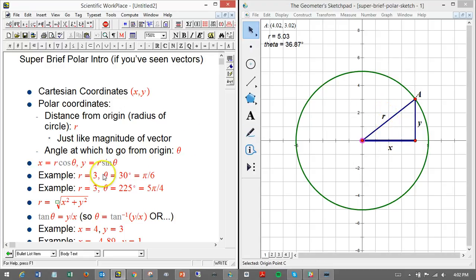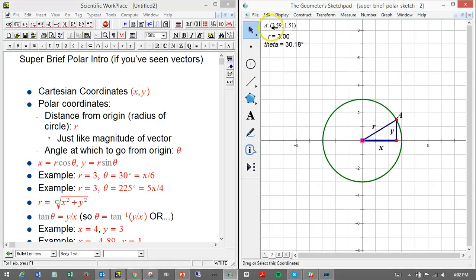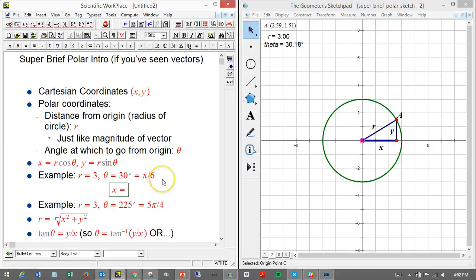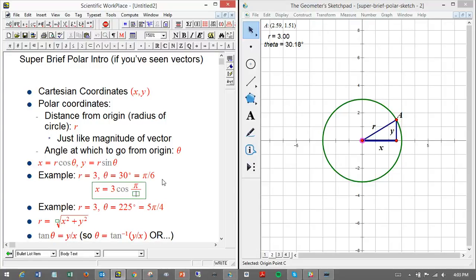So quick examples, if r equals 3, for example, let's do this one first. If r equals 3, slightly new circle, and theta is 30, I got it pretty close to 30 here, or pi over 6, we're often going to use radians here to be more kind of fancy mathematical. Then what are x and y going to be? x is just going to be 3 times cosine of 30 degrees, or say pi over 6, whichever you want it.